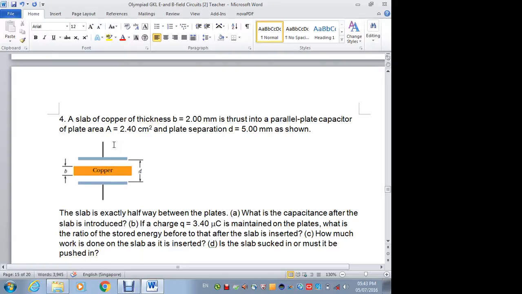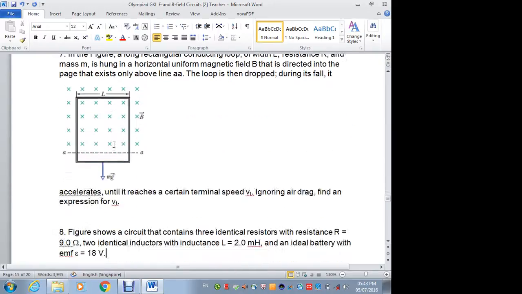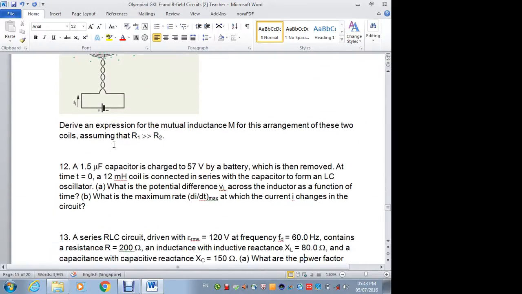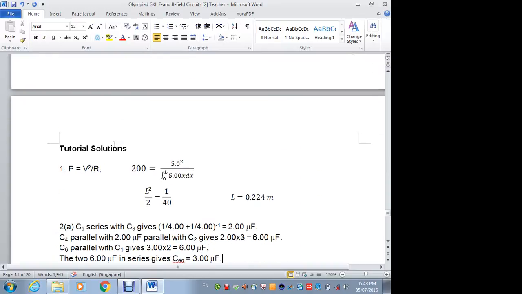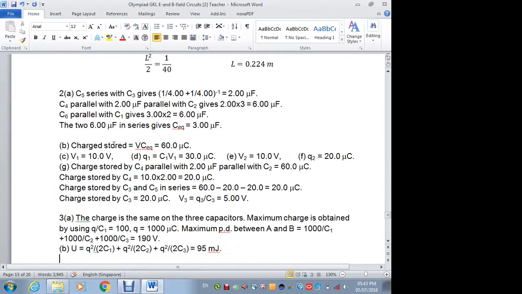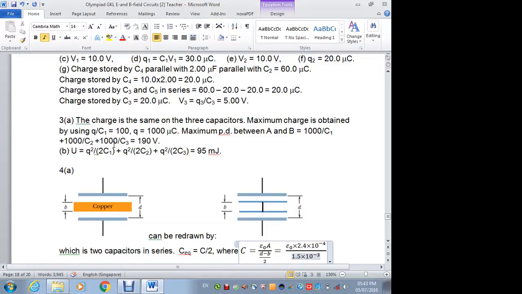Now, the copper slab can be reduced to something like that because copper is a perfect, or rather near perfect, conductor, so you can treat it as a conductor. The copper can totally be replaced by this. The copper is just replaced by two plates over here, because with a perfect conductor you can rearrange the charge within the copper.